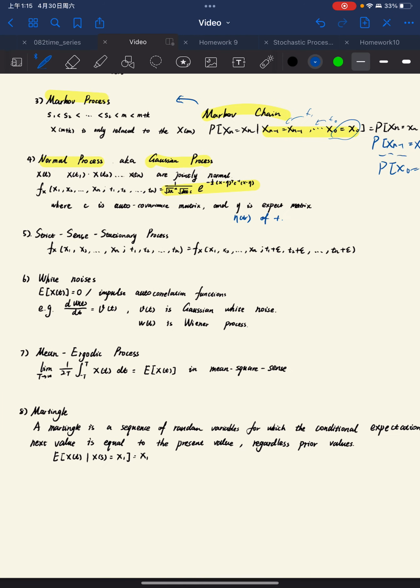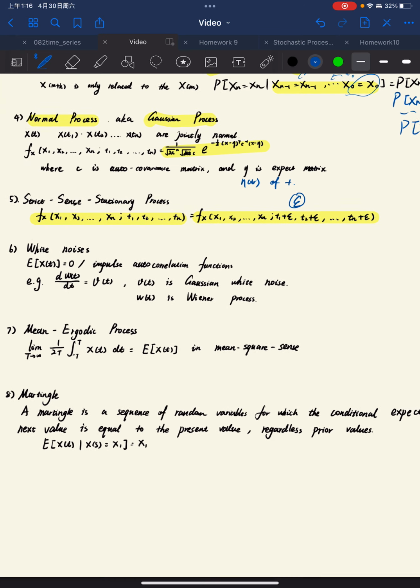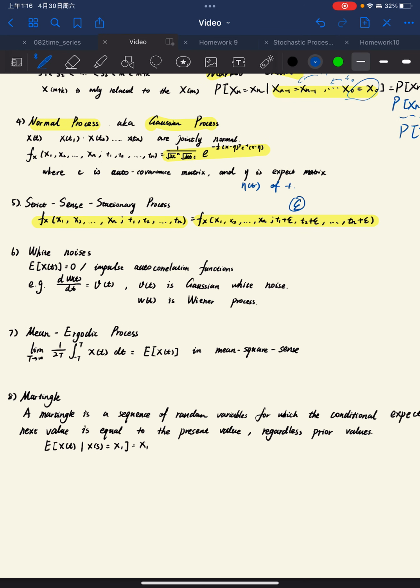And the fifth one, strict sense stationary process. That means if we are given a process at certain discrete times, and we shift all of them to the left or to the right by a certain time difference, the process still looks the same, and that one can be considered a strict sense stationary process.